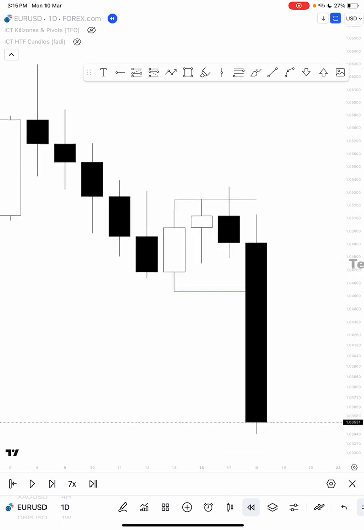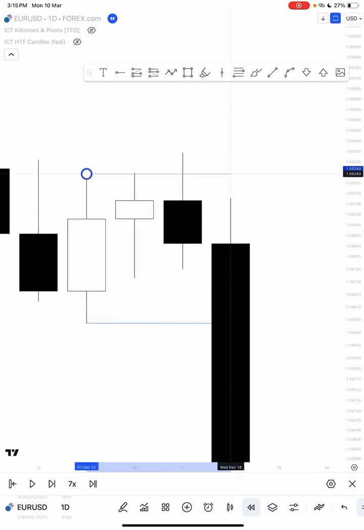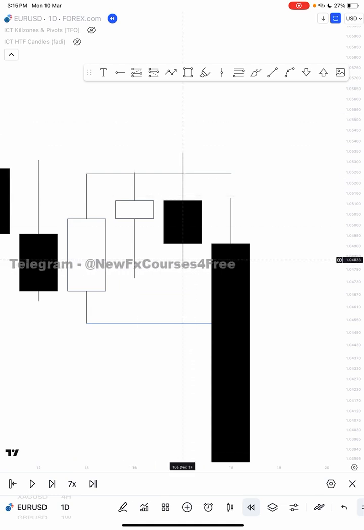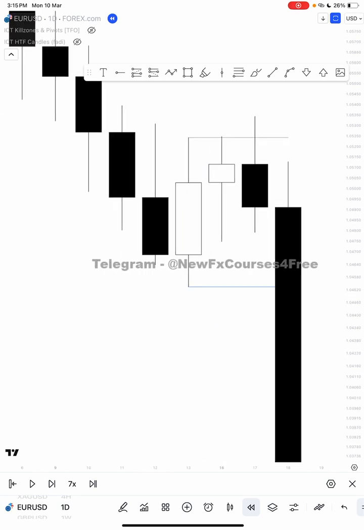So here is your indicator. It took the range high here, then closed back into the range. What will be your next target? Your range low. Remember the daily buyers video.